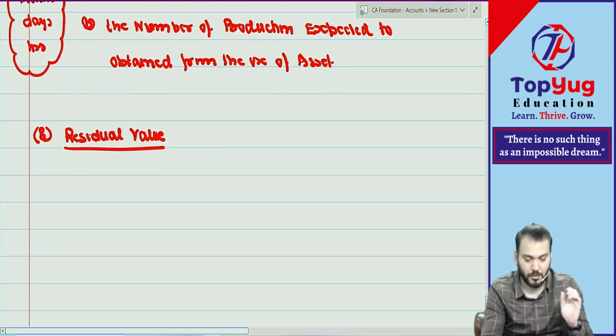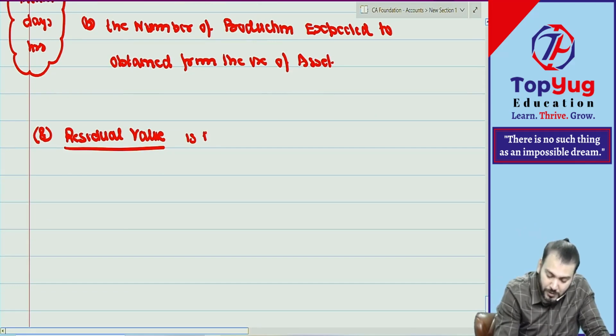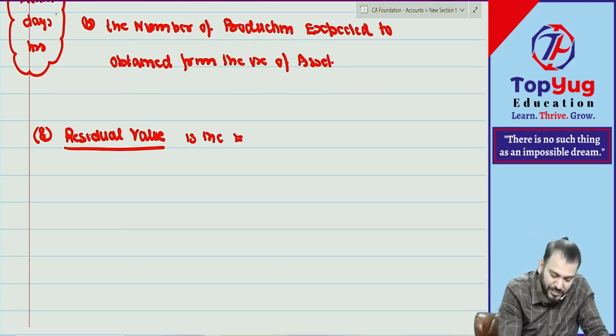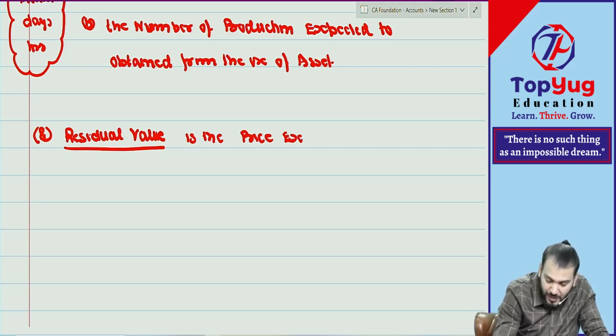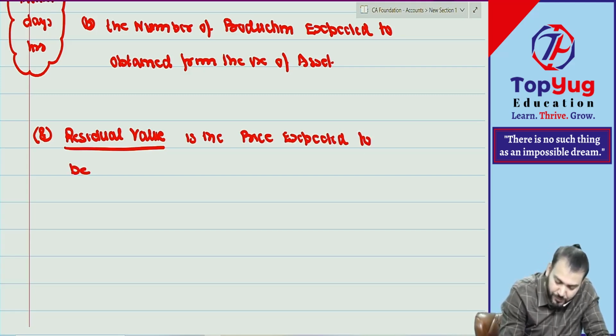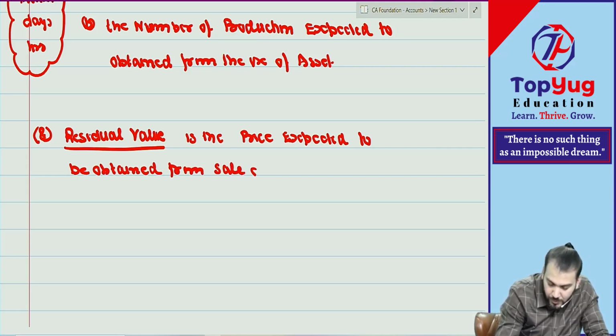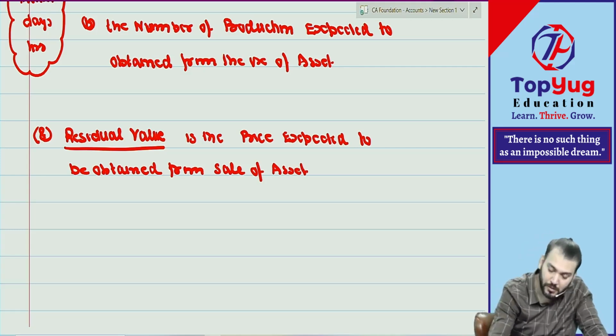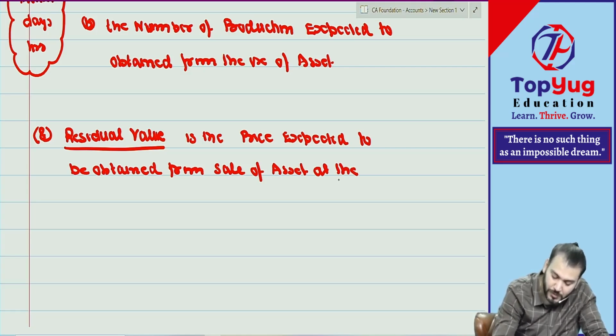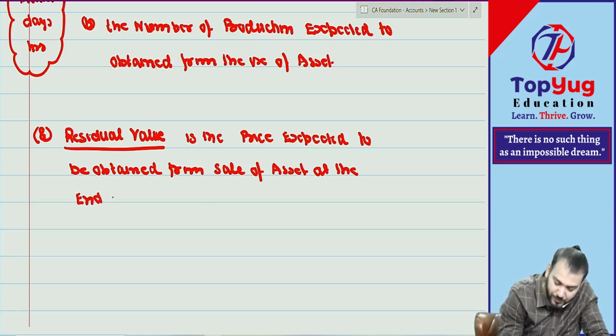Residual value is the price expected to be obtained from the sale of the asset at the end of its useful life.